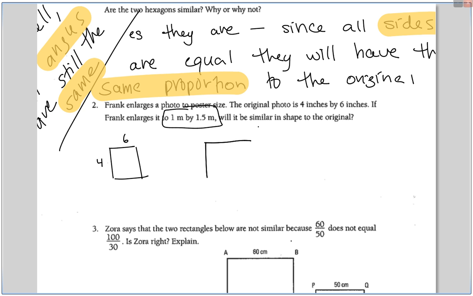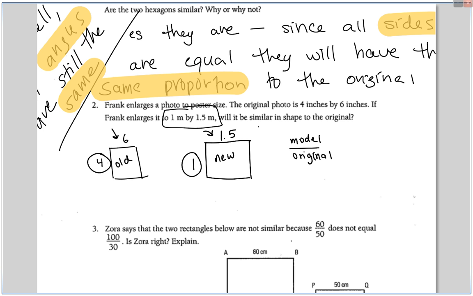So sketch that in, and you just have to be mindful of where you put the 1 and the 1.5, because 4 is smaller than 6, and 1 is smaller than 1.5, so that helps you figure out which ones correspond to each other. Okay, and we always put the model over the original in our ratio. The model is always the new shape, and the original is always the old shape.